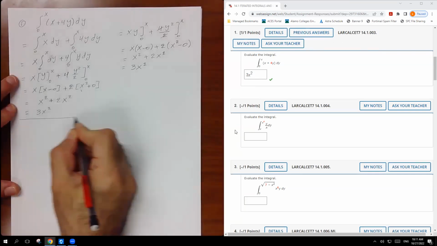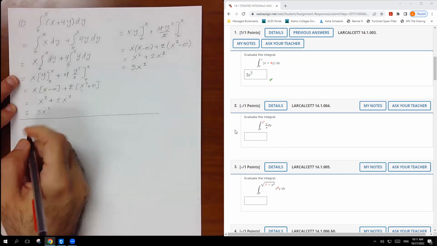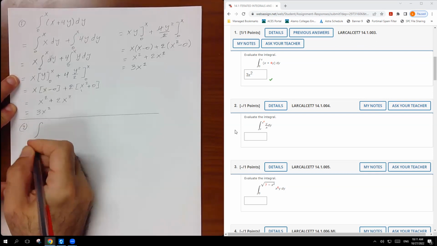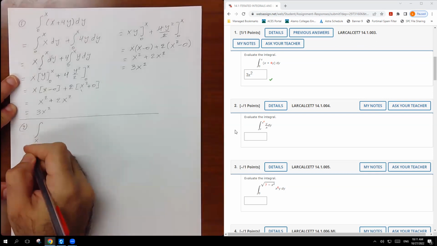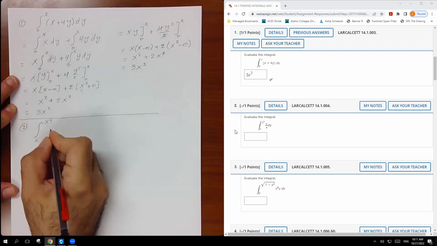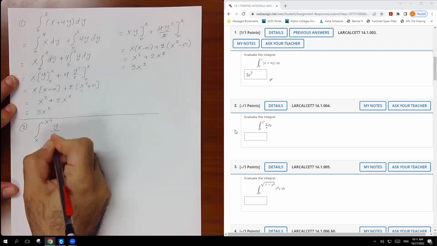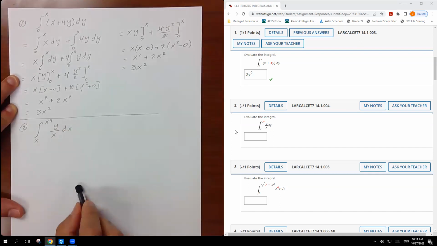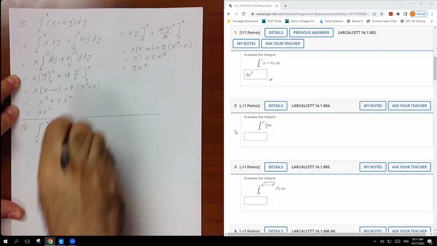We're going to do exactly the same thing. So we're going to do an integral from x to x to the power 4 of y over x. Now we're going to do the integral with respect to y, yes, to the y, not to the x.